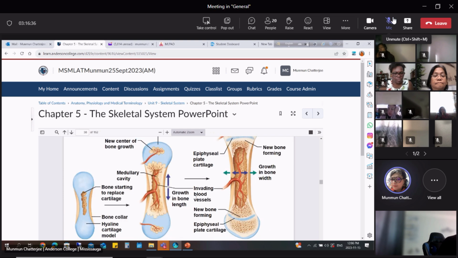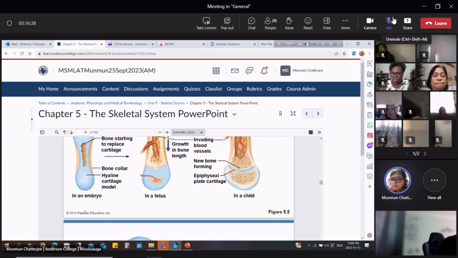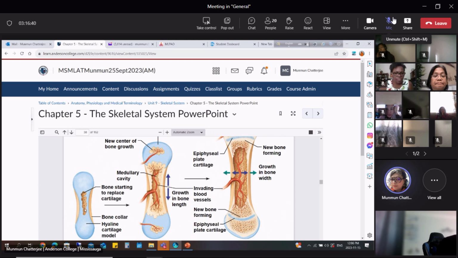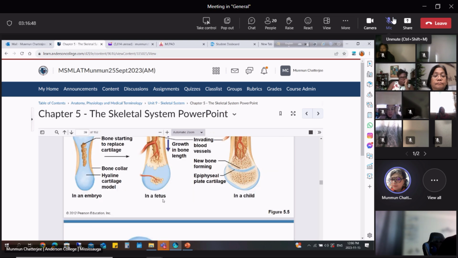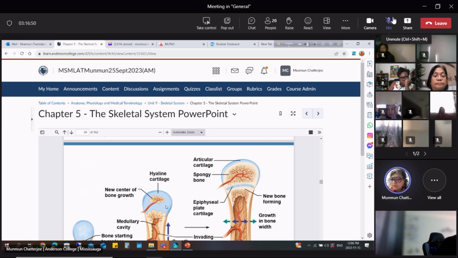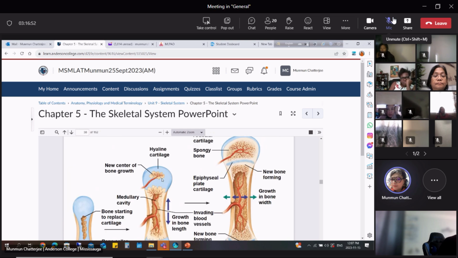So they are showing how it's forming. This is an embryo, all hyaline cartilage. Then bone starts to replace cartilage, getting ossified here. This is a fetus, slowly hyaline cartilage. Then they are developing new centers of bone growth.